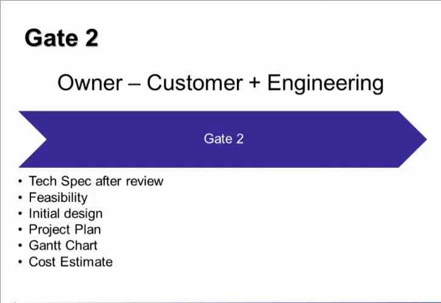The next gate is the ownership of the customer engaging with the engineering department. Now, the engineering department or some technical department has to review in combination with the customer, and it's generally an iterative step.